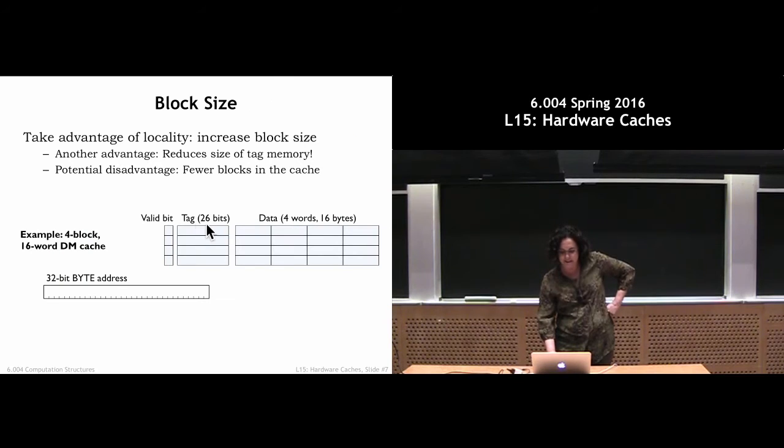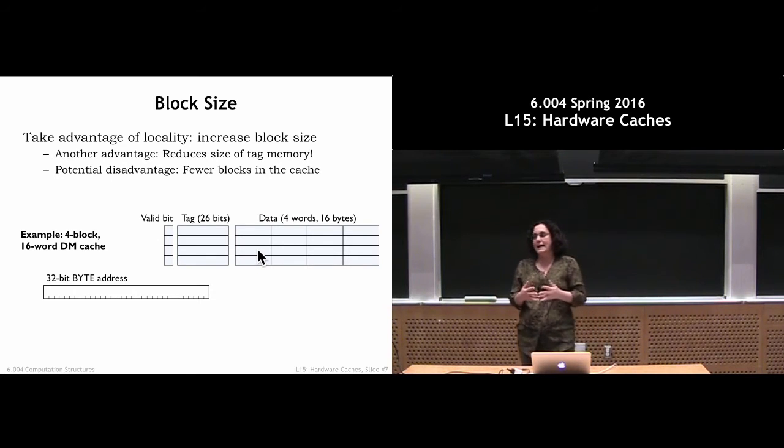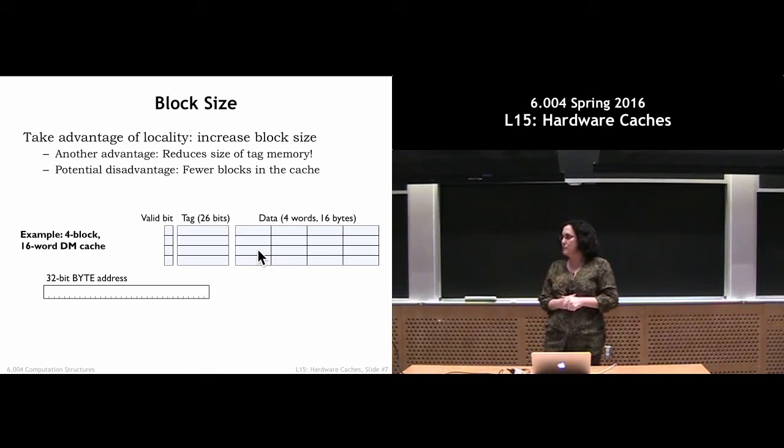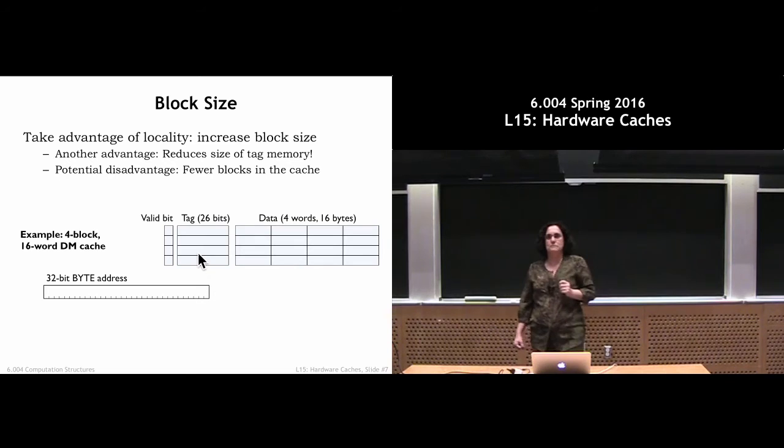So you basically end up in a situation where your tag is almost close to half of the size of your memory. And in this example, where I have 4 words, I have 128 bits of data for 26 bits of tag. And so now my ratio is much better.